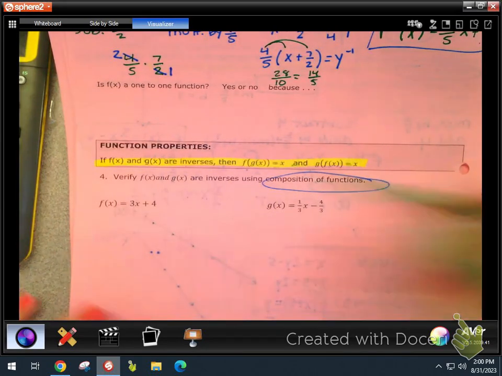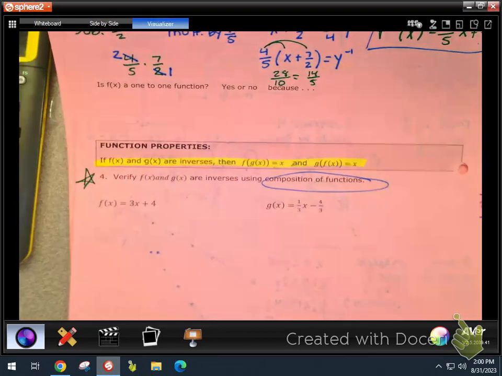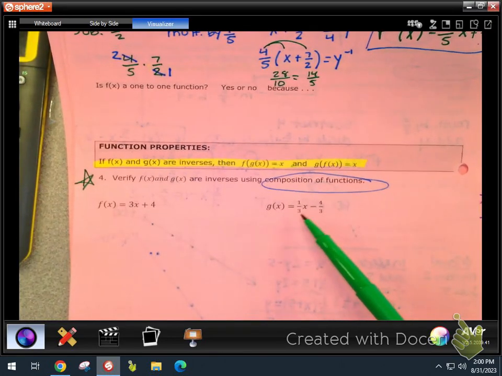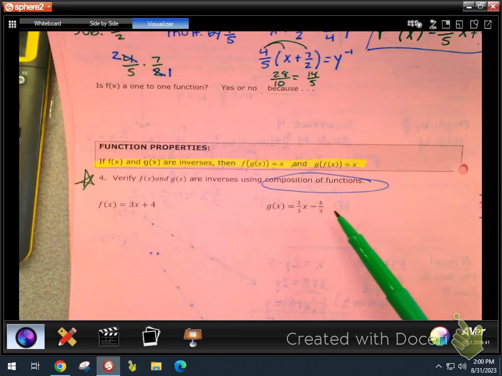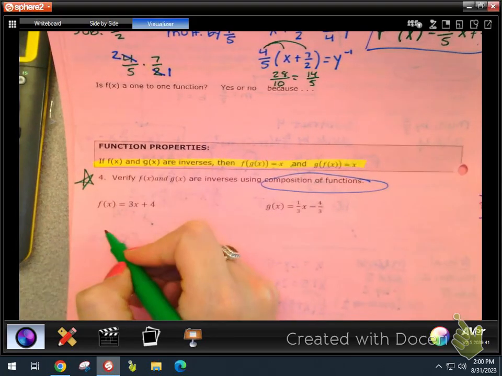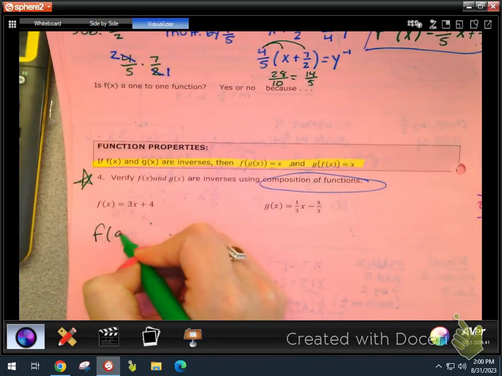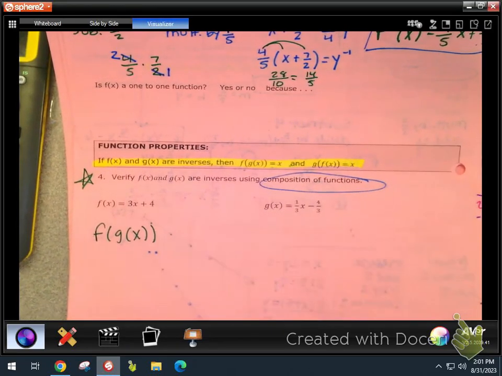You will see this question. You will have to have your algebra back it up. And you do have to check by composing them with each other. So here are our two functions. f of x equals 3x plus 4. g of x equals 1/3 x minus 4/3. The first way we're going to check, it doesn't really matter which one you do first, is to compose f of g of x.